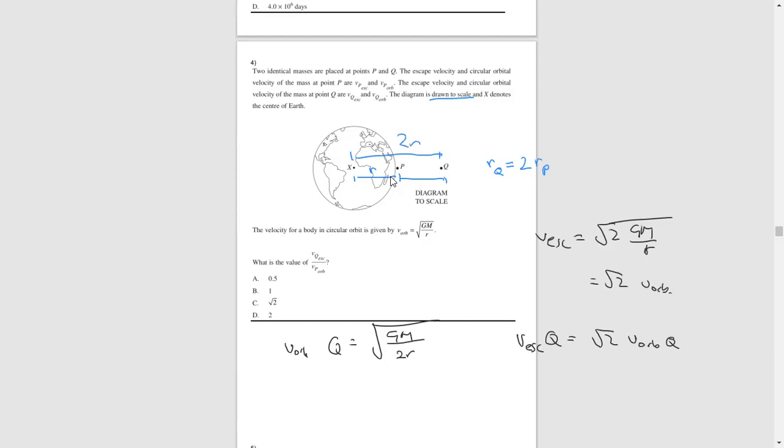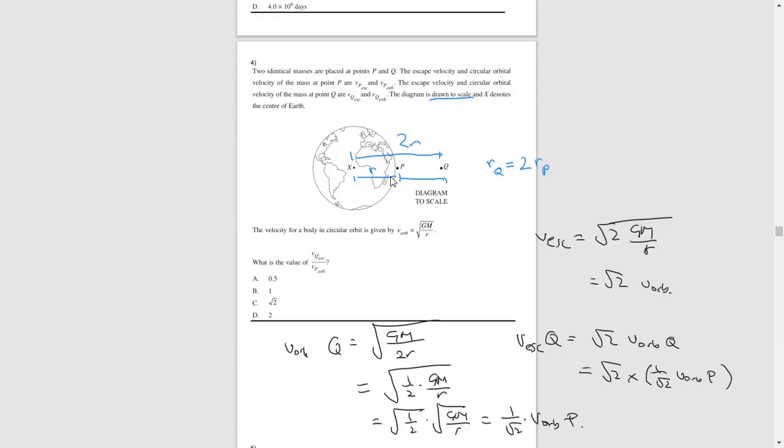So this will be the square root of a half times GM over r, which is the square root of a half times the square root of GM over r, which is hopefully clear that it's 1 over root 2 times the orbital velocity of P. So that means you've got root 2 times the orbital velocity of Q, which is 1 over root 2 times the orbital velocity of P. And you can see that the root 2 cancels.